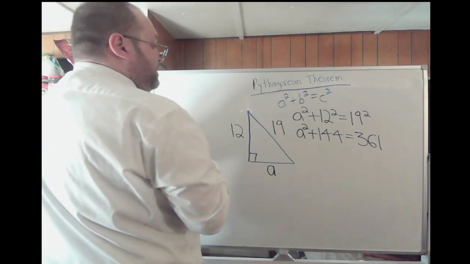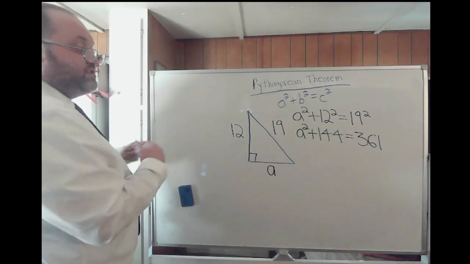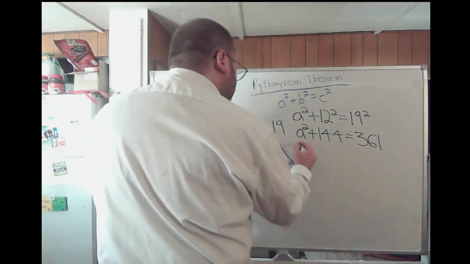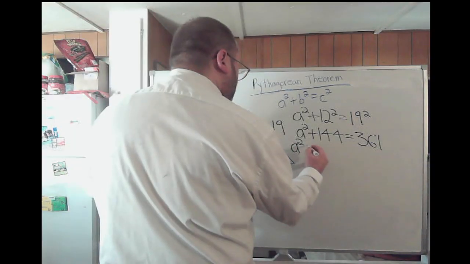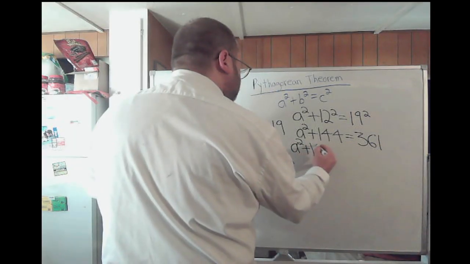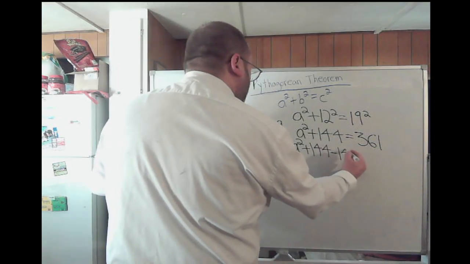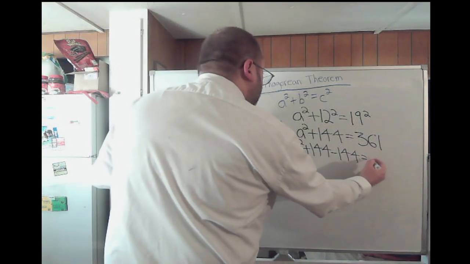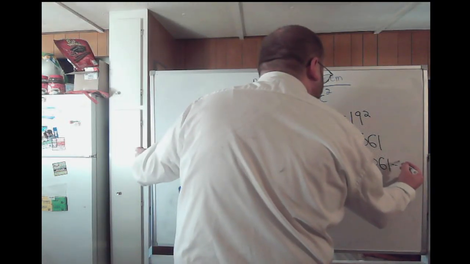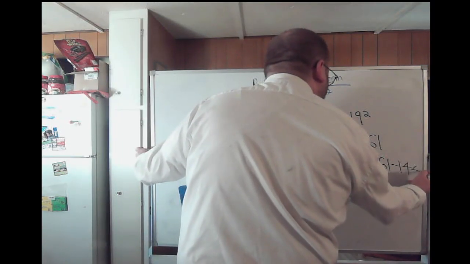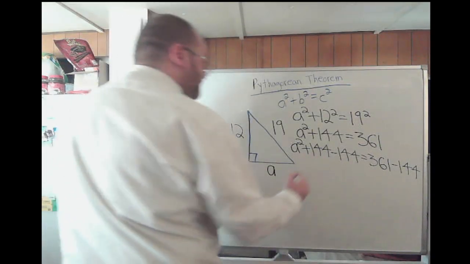Well, we got a squared plus 144. We just want to get a squared by itself. So we got to subtract 144 from both sides to get a squared by itself. So we'll do a squared plus 144 minus 144 is equal to 361 minus 144. So on the left side, 144 minus 144, that's 0.